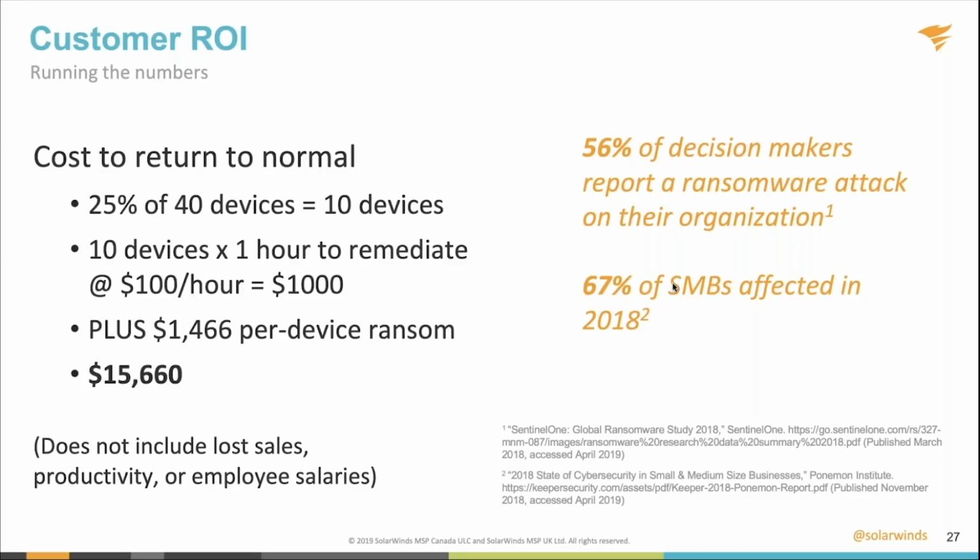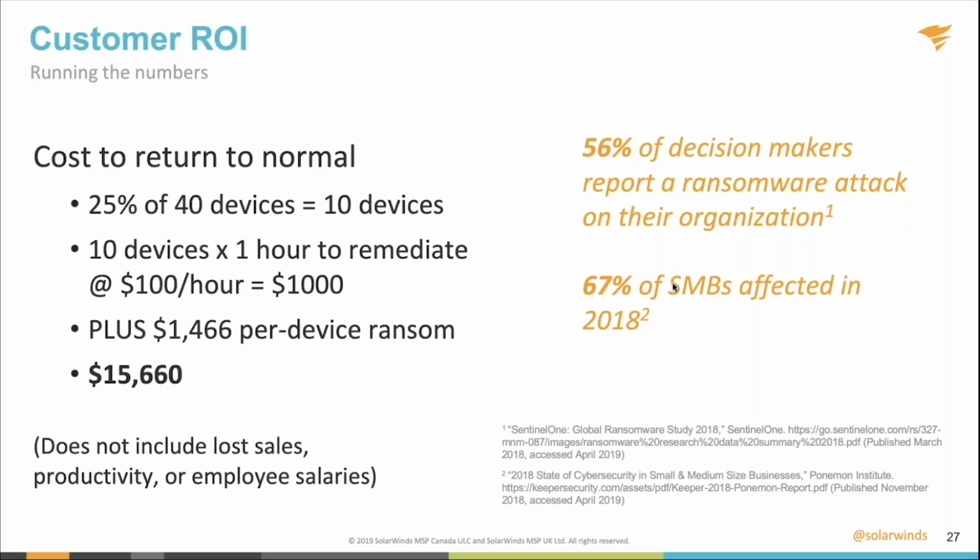So what are the costs to return to normal? If we go back to the statistic that we talked about earlier, where Cisco said that 1 in 4 devices were probably going to be affected in some way in 2018, that's 25% of, say, a client that has 40 devices, that's 10 devices. 10 devices at an hour to remediate at $100 an hour is $1,000. That's not a huge number. It's not a great number, but it's not a huge number.